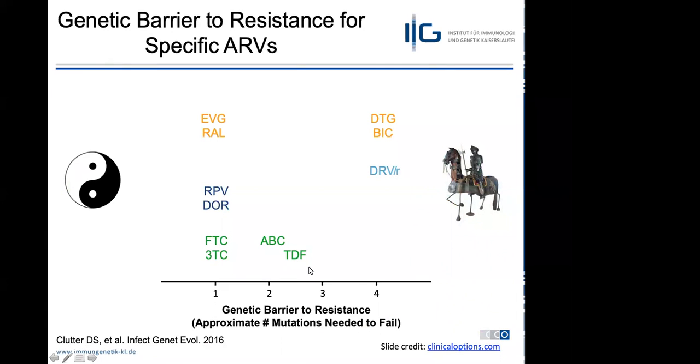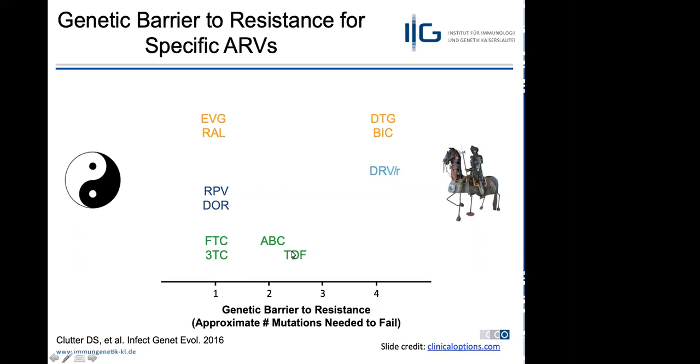And if we look at the drugs we are using now in modern, actually used drug regimens, these are the black and white drugs where one mutation is needed to confer drug resistance.